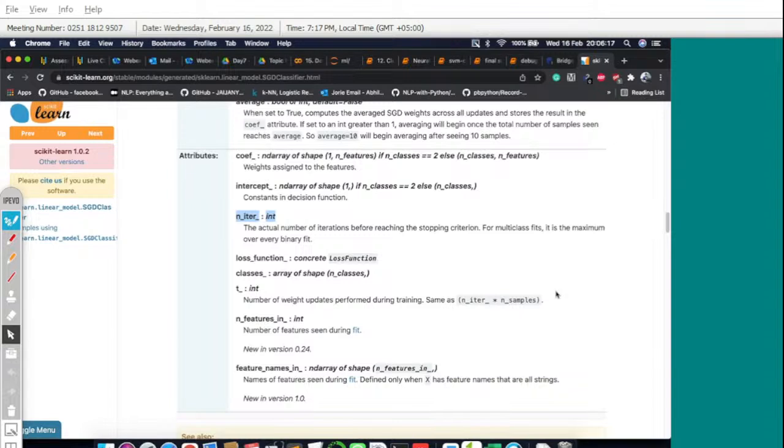My understanding is that we are stopping at 10 iterations. So when I give it as an attribute, like SGD classifier dot n_iter equal to 10, does that do the same activity as in the code, or does it act in another way?